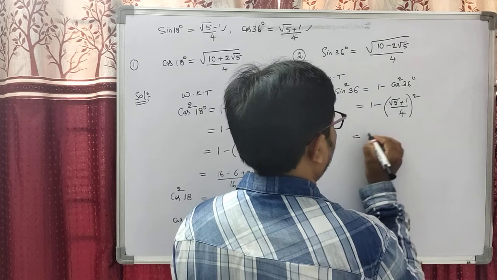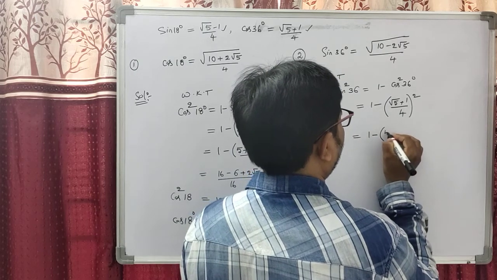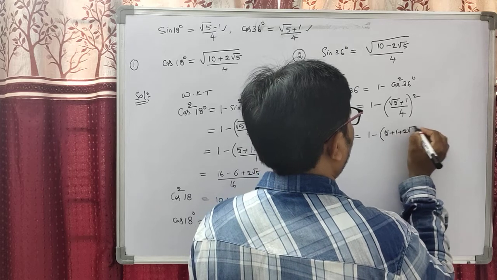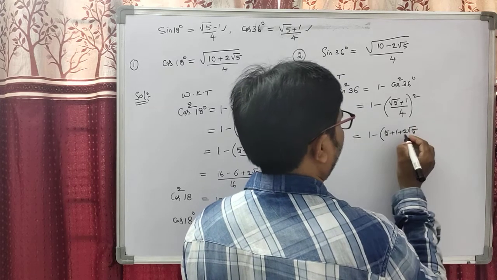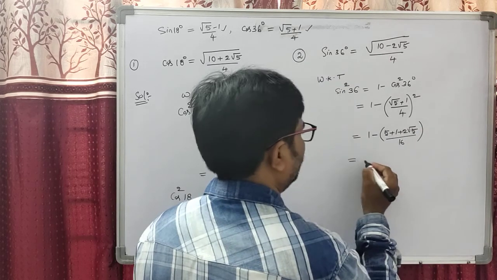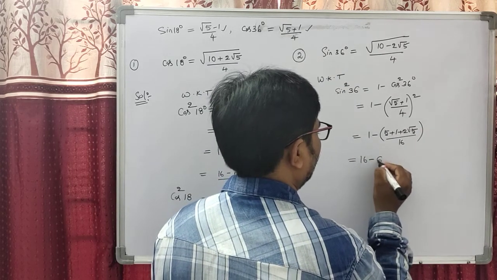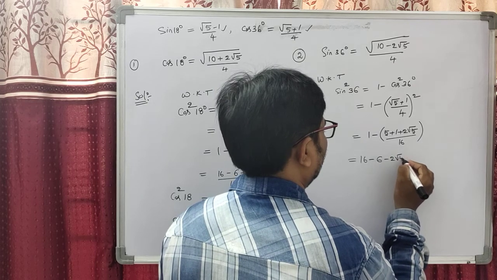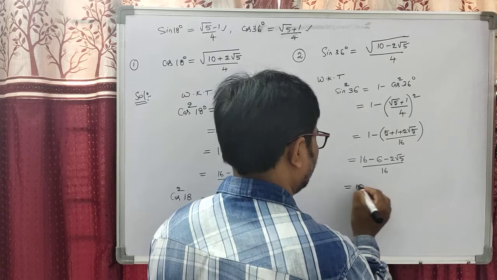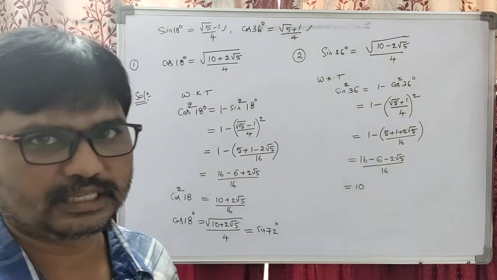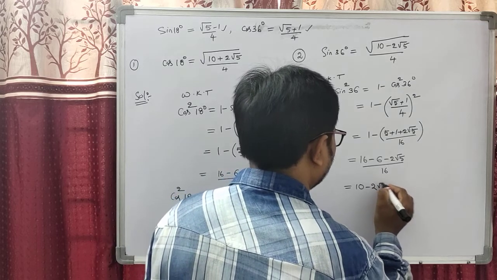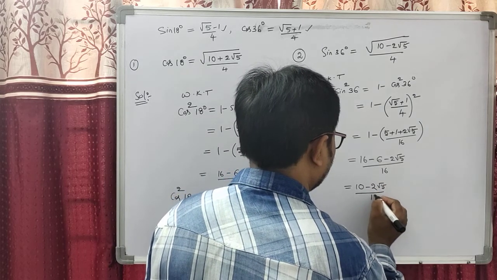Okay, students. Now this is 1. A square is 5. B square is 1. 2ab is 2 root 5, whole by 16. Now this is 16 minus 6 minus 2 root 5 by 16. How can you write it, students? This is 16 minus 6 is 10 minus 2 root 5 upon 16.